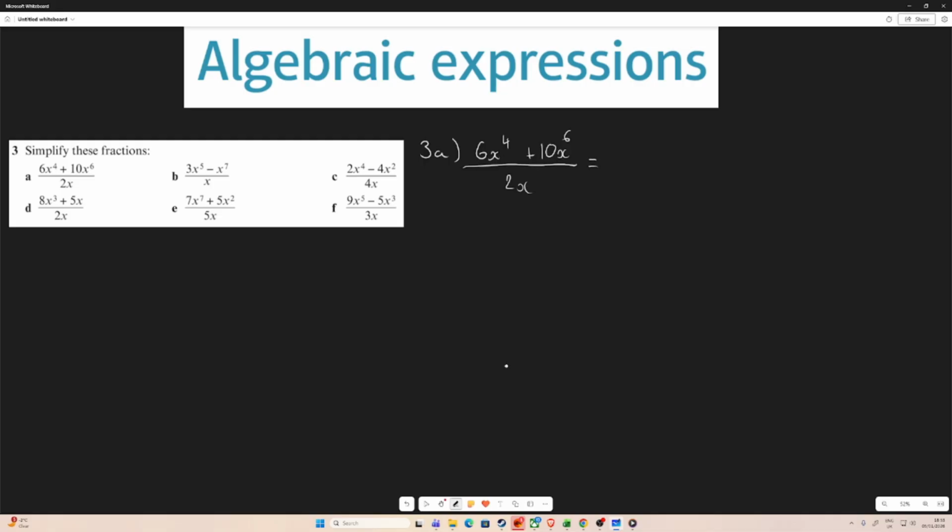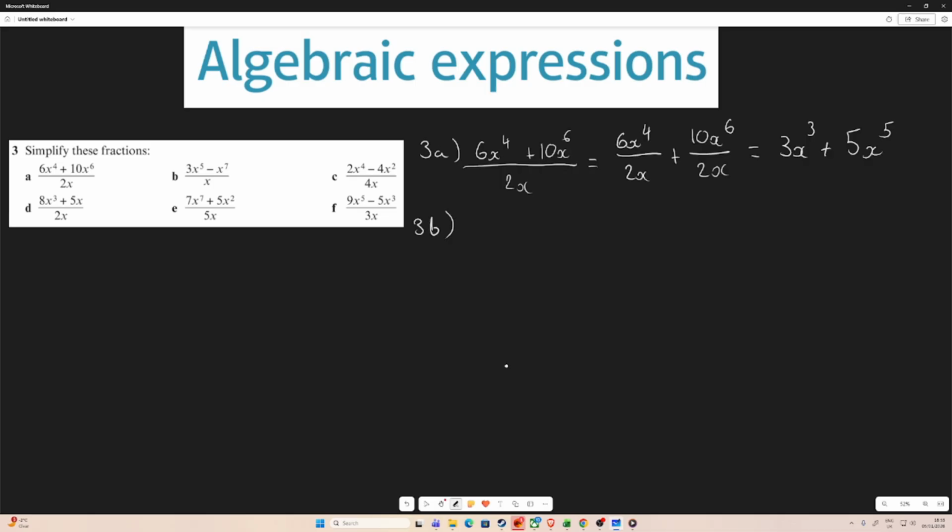Let's write it as a sum of two fractions. So that's 6x to the power of 4 over 2x plus 10x to the 6 over 2x. Well, now let's simplify each fraction. So the first one will be 3x to the power of 3 plus 5x to the power of 5.